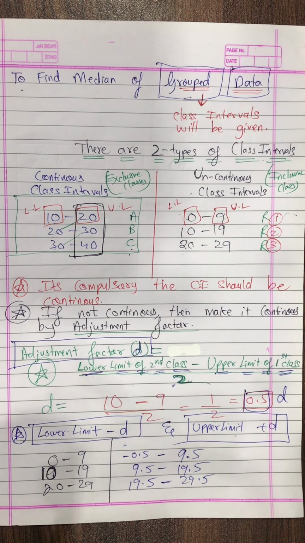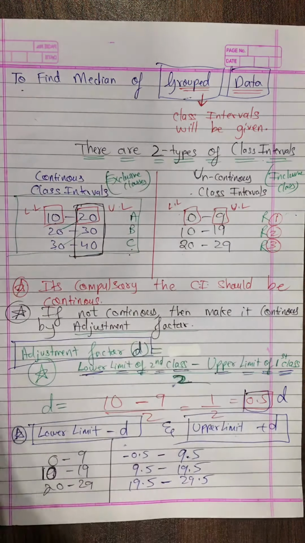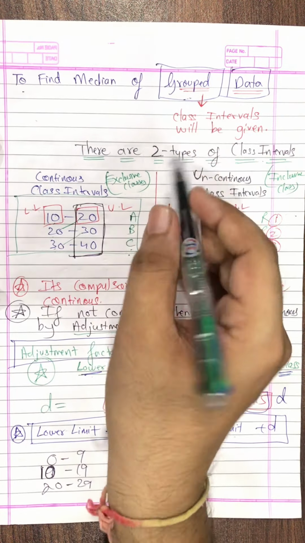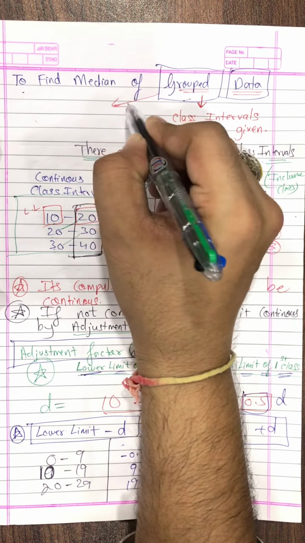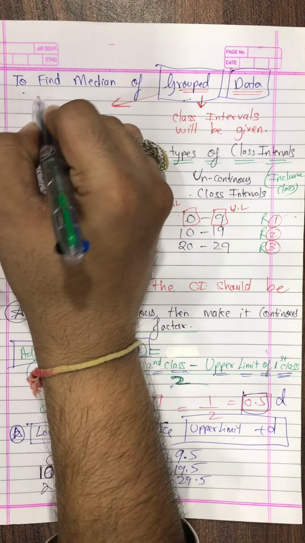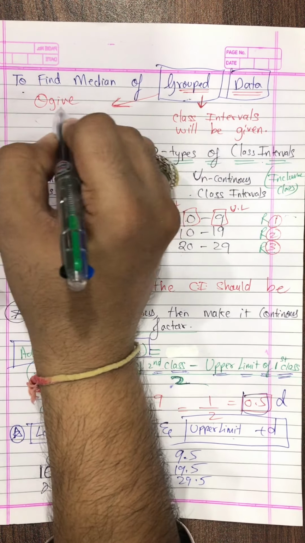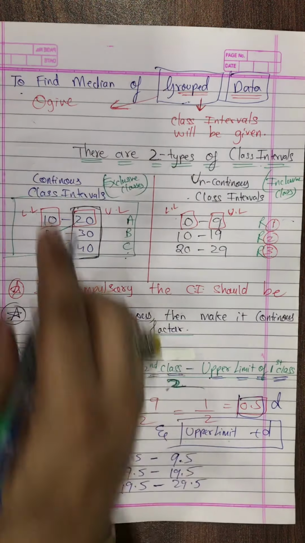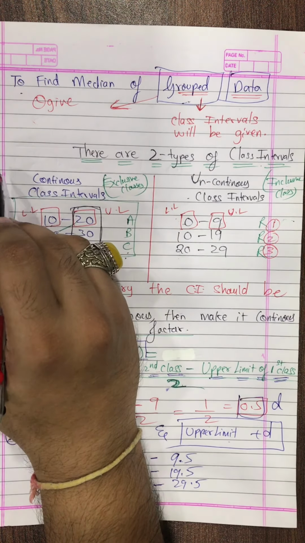Now, one most important thing I want to say is, whenever it is asked to you to find median of group data, it's possible only with the help of ogive. With the help of ogive graph, we need to draw a graph which is called ogive.